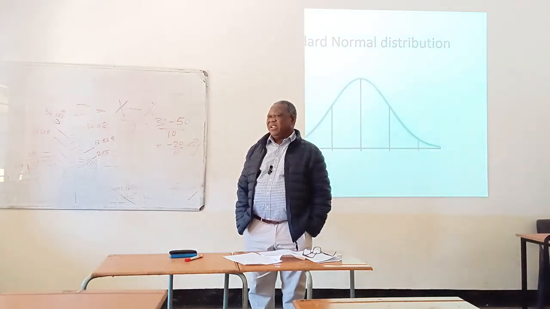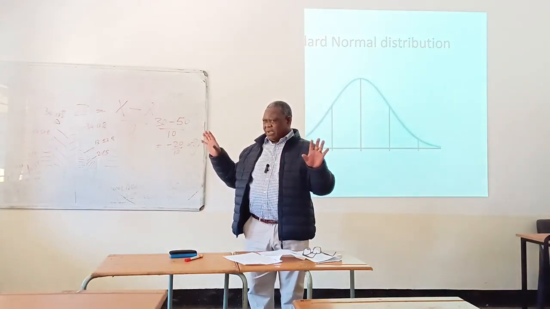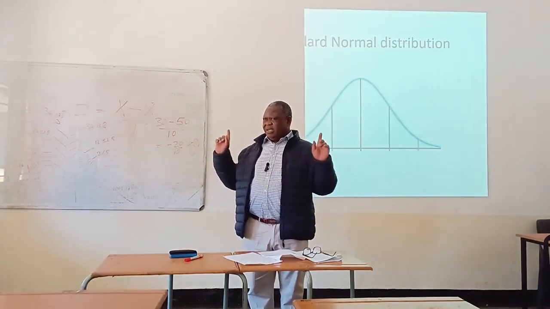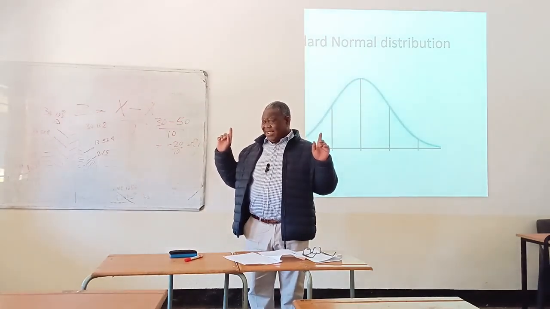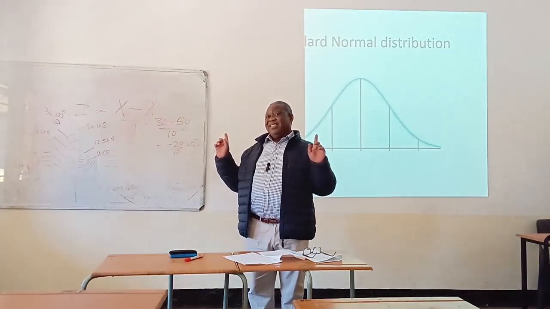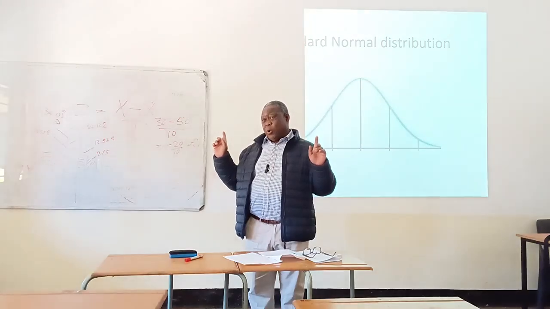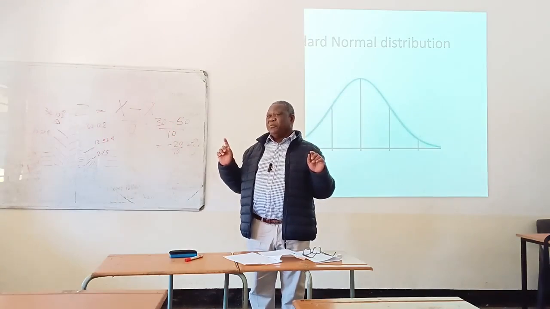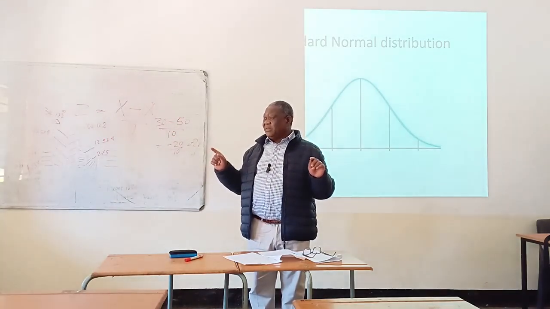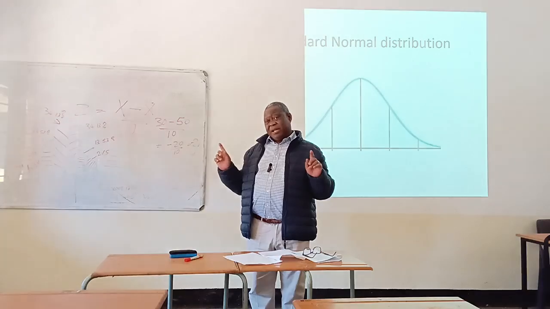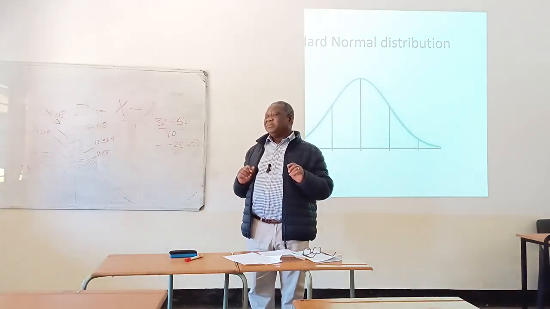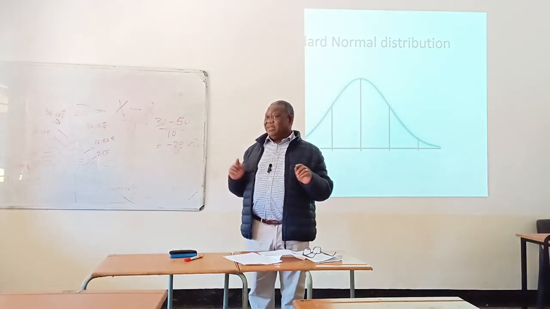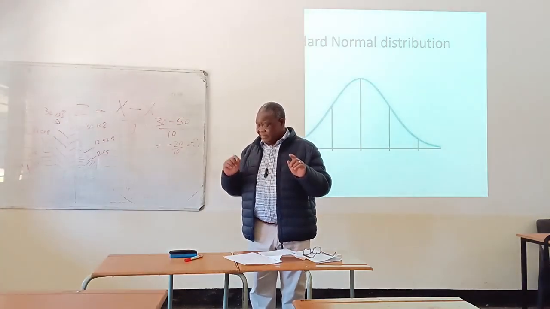If somebody is using the same assumption, you have 100 students, they have written your exam in mathematics, and you have computed the mean performance of these students. It comes to 50%. And you have also computed the standard deviation, it comes to 10.